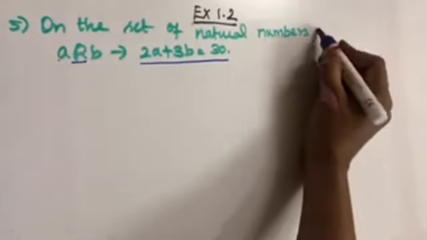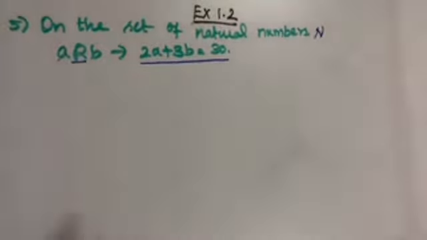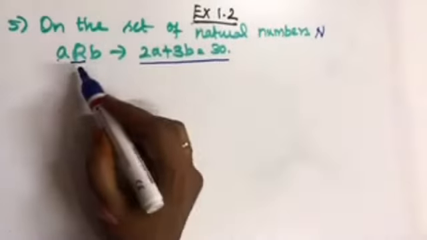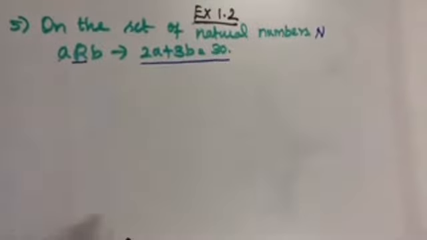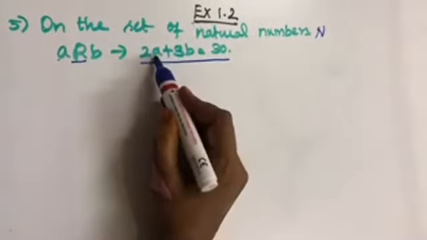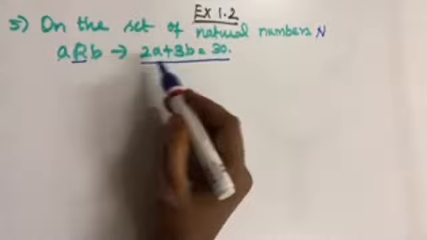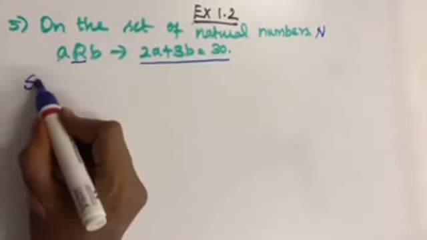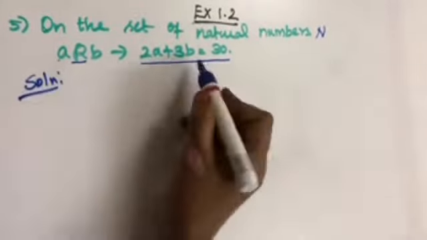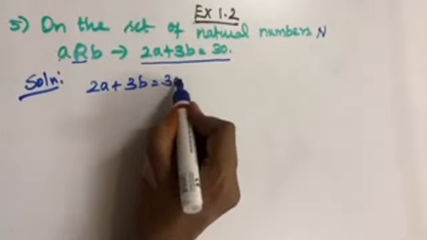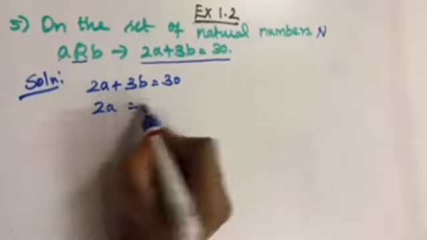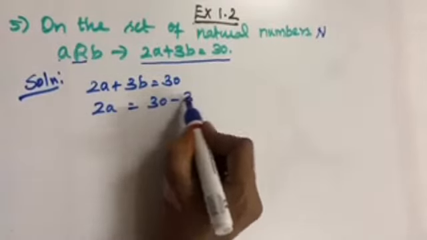So N is the set of all natural numbers. A is related to B if 2A plus 3B is equal to 30. So we have to find the A and B that satisfy this condition. First let's simplify this. 2A plus 3B is equal to 30. 2A is equal to 30 minus 3B.